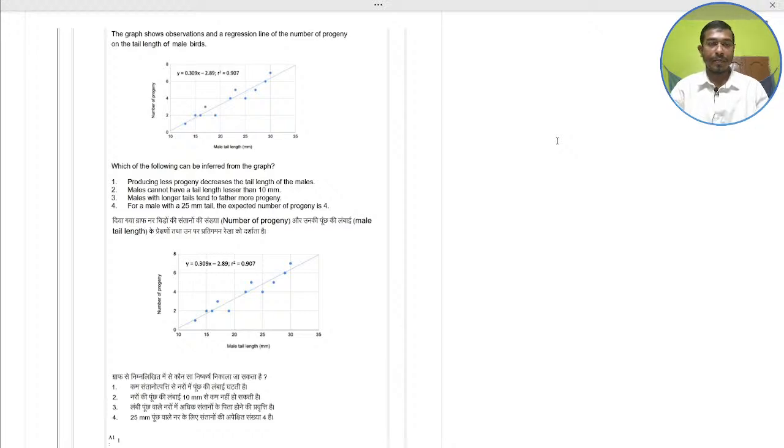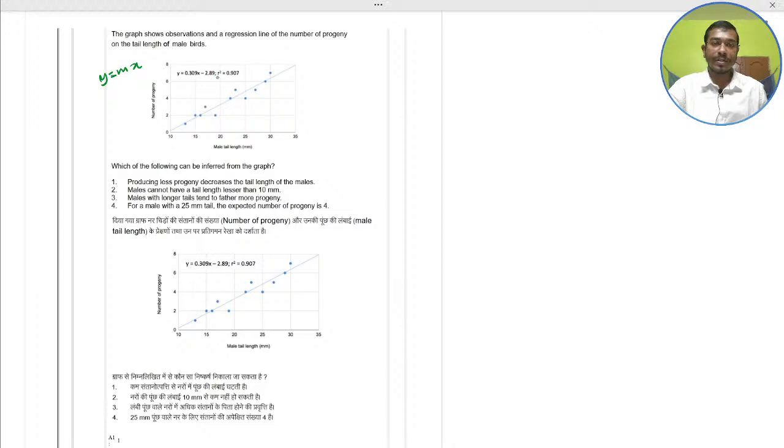So it is clearly seen that the males with longer tails tend to father more progeny, because here the graph is an exponential increase with the linear. This is basically y equal to mx, and you just put this value and solve this one.